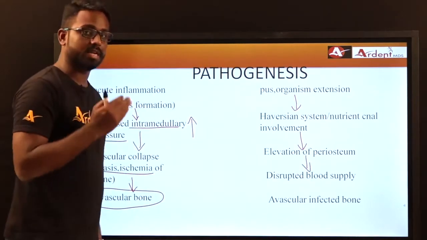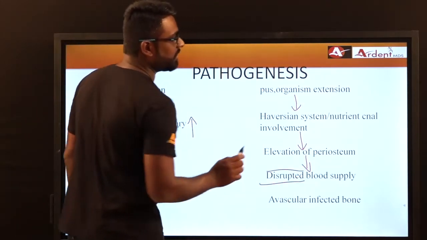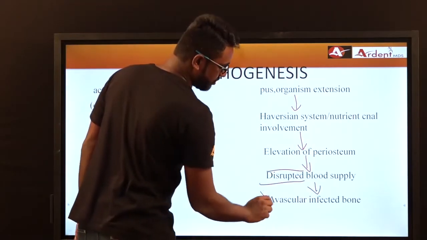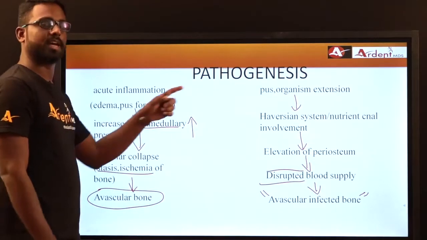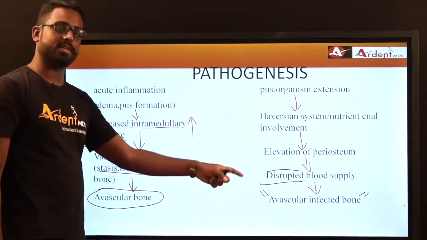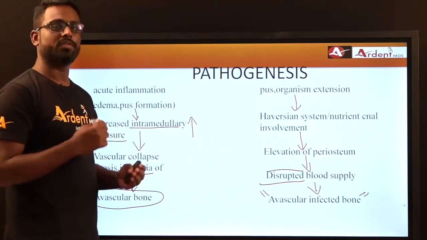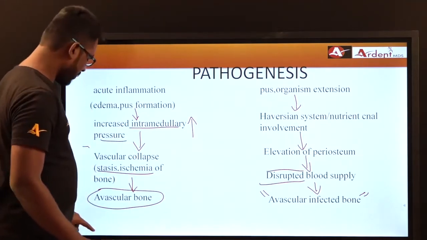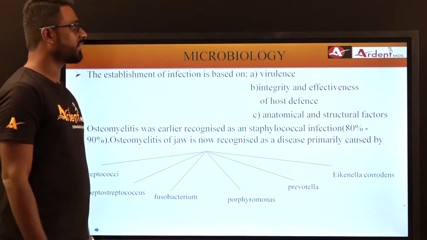Whenever the periosteum is elevated from the bone, there occurs blood supply disruption. Again, it leads to avascular bone, that is known as osteomyelitis. So this is the pathogenesis that happens in osteomyelitis. You can understand from the definition itself what processes go on in the causation of osteomyelitis from the Staphylococcus species. Next we will come to the microbiology and deal with it in detail.